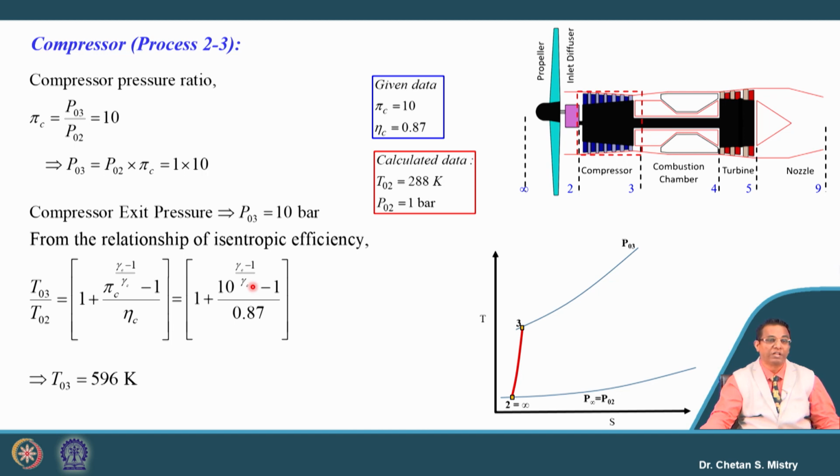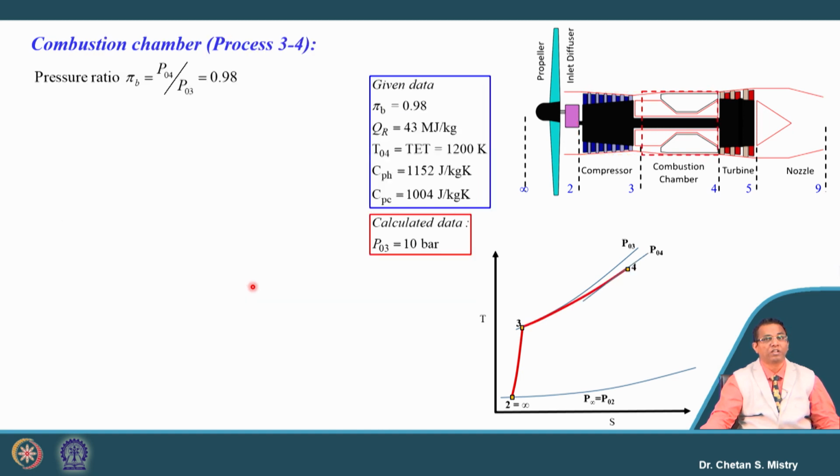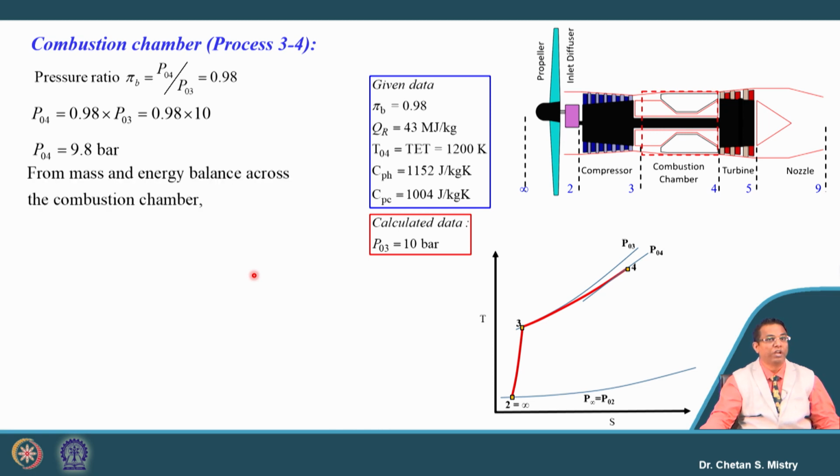So now we have the exit pressure and temperature from the compressor. The next component is the combustion chamber, which has a pressure drop of 2%. We have the calorific value and turbine entry temperature. The exit pressure from the combustion chamber is 9.8 bar. Now, calculating the fuel air ratio is very important.